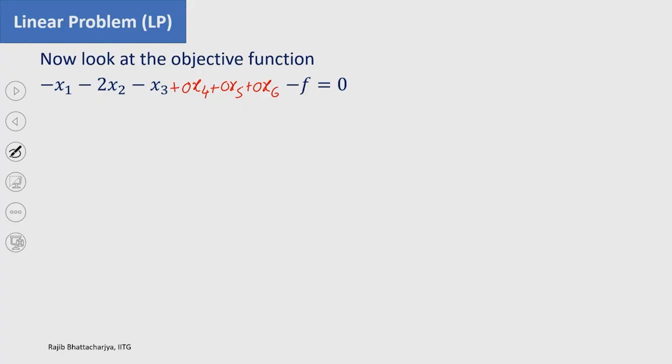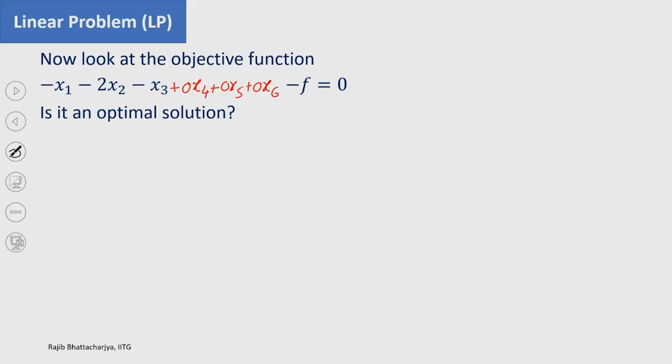Now, what I basically want to do is make one of x1, x2 and x3 a basic variable, and then one of x4, x5 and x6 will be a non-basic variable. So, I can make x1 a basic variable, or I can make x2 a basic variable, or x3, in place of x4, x5 and x6. Now, I have to take a decision as to which one will be the basic variable.